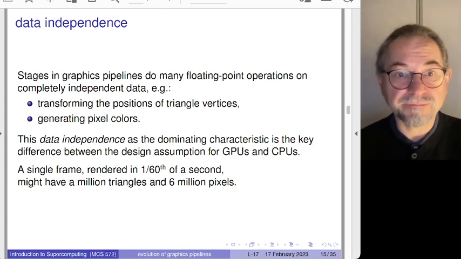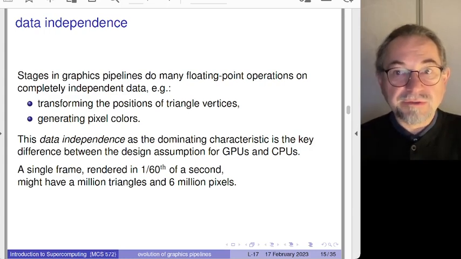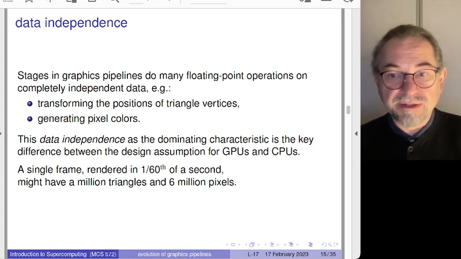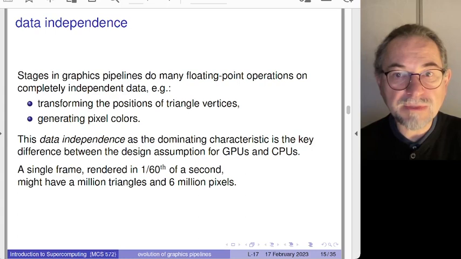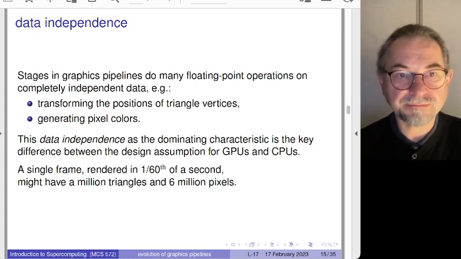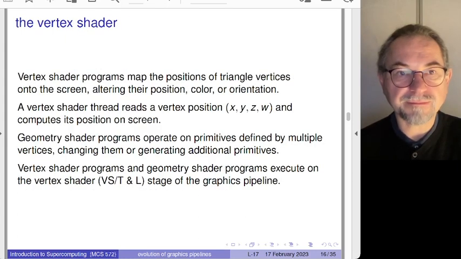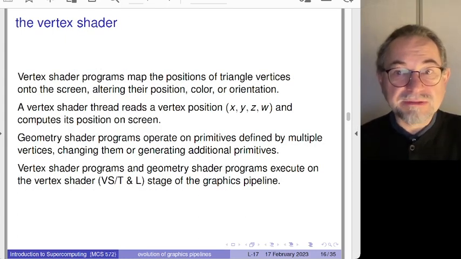Also a lot of data, millions and millions of triangles and pixels. So this is to indicate where the massive parallelism comes in. And also where the advantages come in from speed. Again, data independence is important.